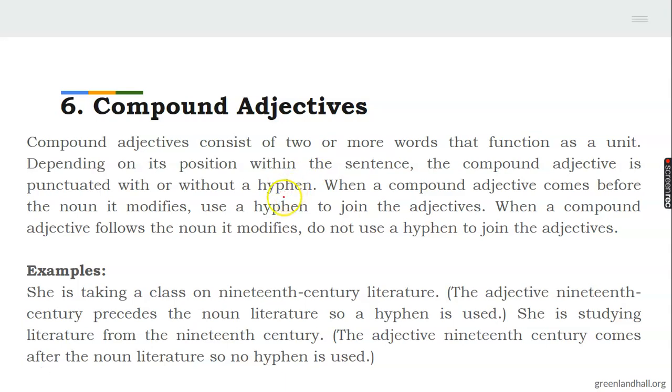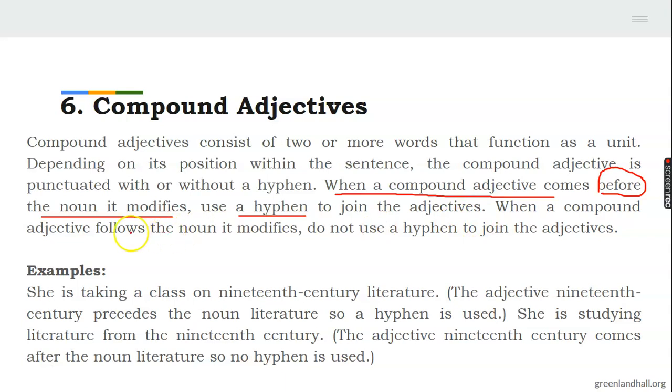Now, when a compound adjective comes before the noun it modifies, understand very well now. I need your attention. Pay rapt attention so that you get this right. I said when a compound adjective comes before the noun it modifies, use a hyphen to join the adjectives.